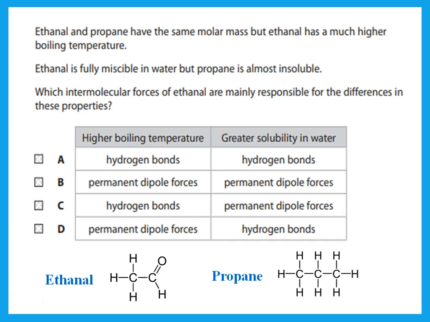Why? Because it doesn't form hydrogen bonds with itself, but it will form permanent dipole-dipole interactions. Now, ethanal, we said, is fully miscible in water. Again, why does it dissolve in water? Because it can form hydrogen bonds with water.